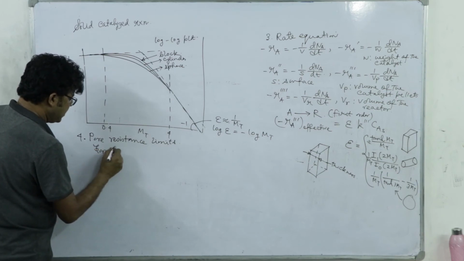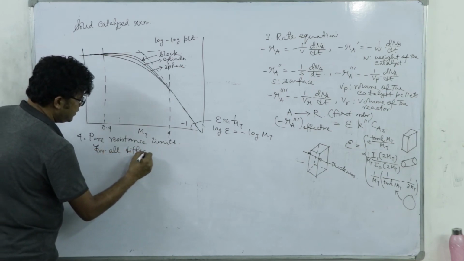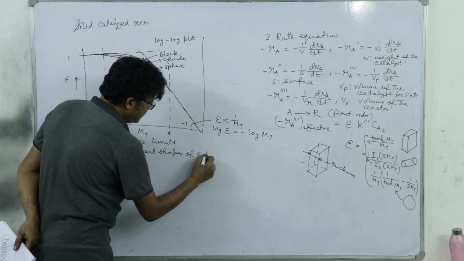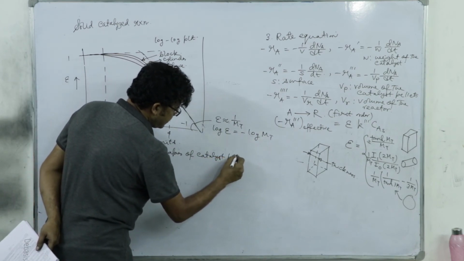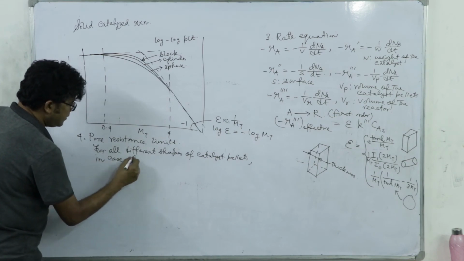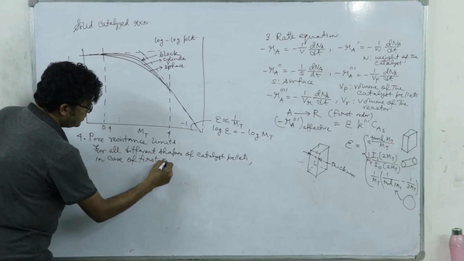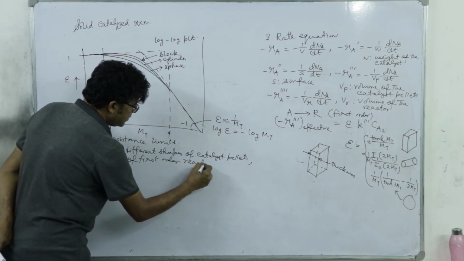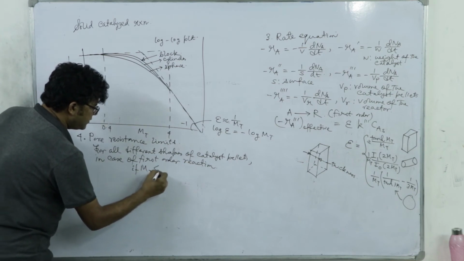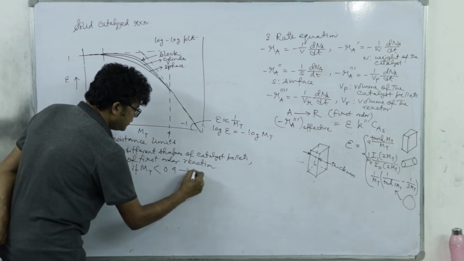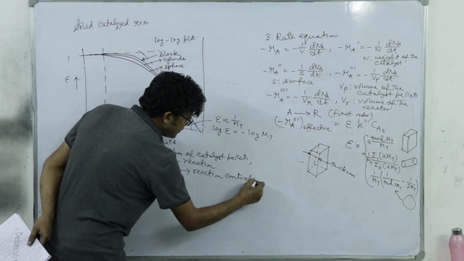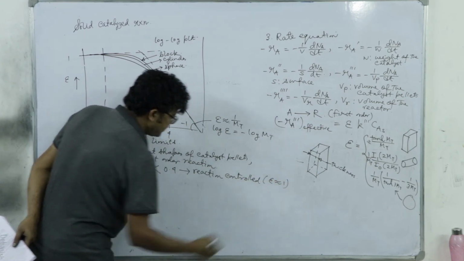For all different shapes of catalyst pellets, in case of a first order reaction, if mt is less than 0.4, it is reaction controlled, that is, epsilon is close to 1.